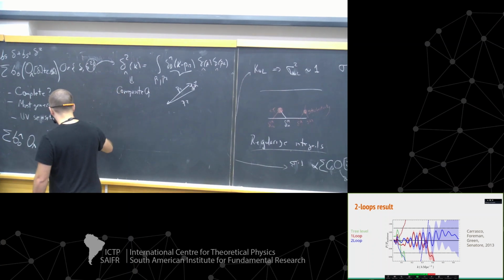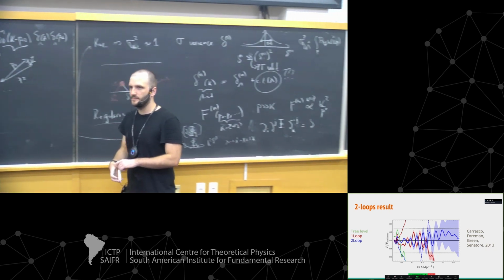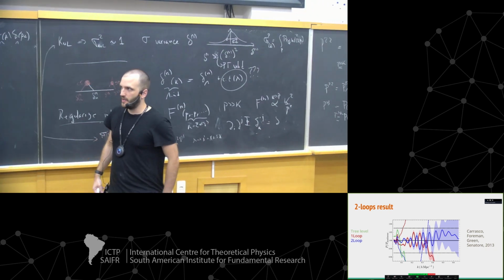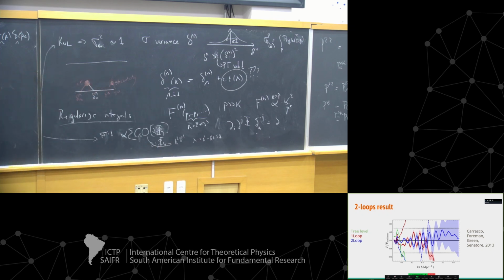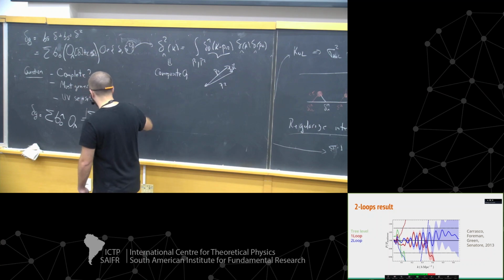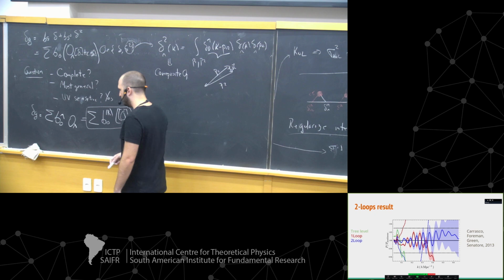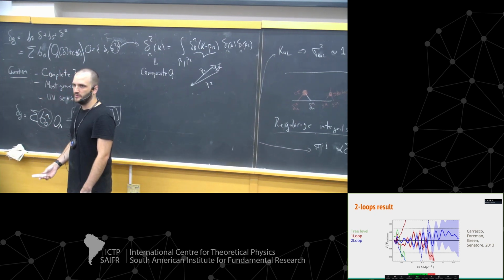And I define something which is a renormalized operator O with those two brackets. Okay? So I'm going to explain now what I mean by this. And the way those B depend on lambda is something I'm going to talk about tomorrow.